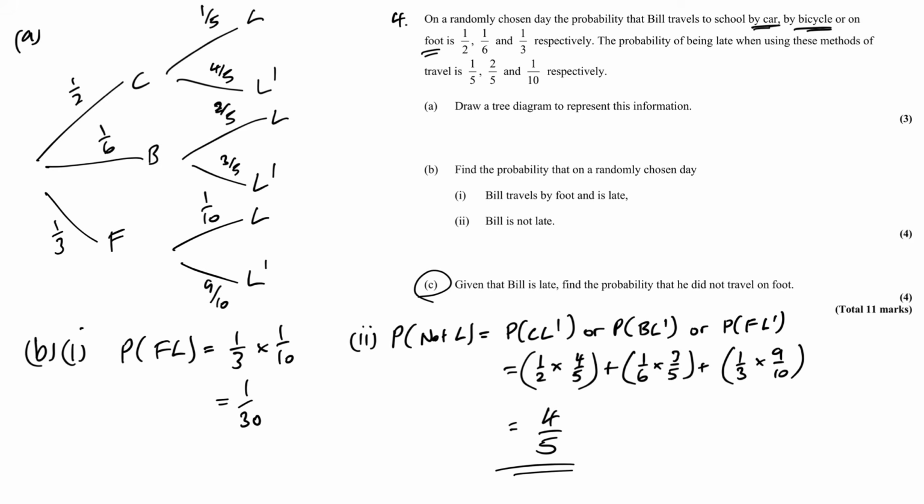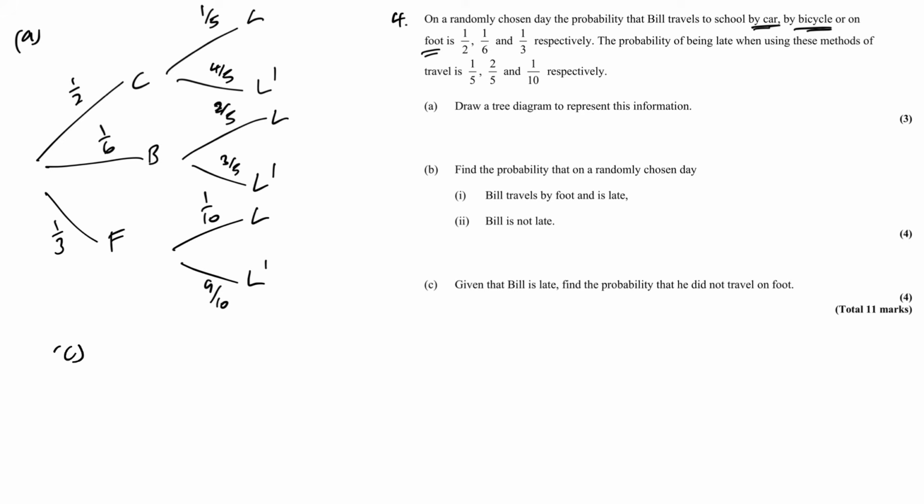Now you can see here part C is the given that. Given that Bill is late, find the probability he did not travel by foot. So for part C, it's given that he's late, he didn't travel on foot. So not foot, given that he is late.